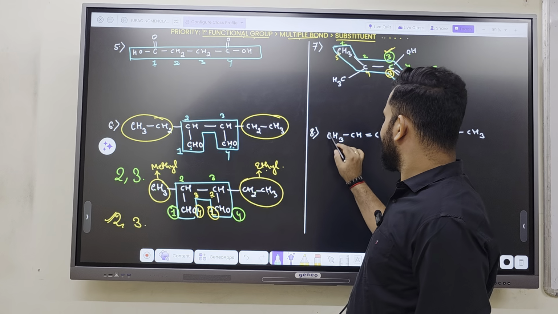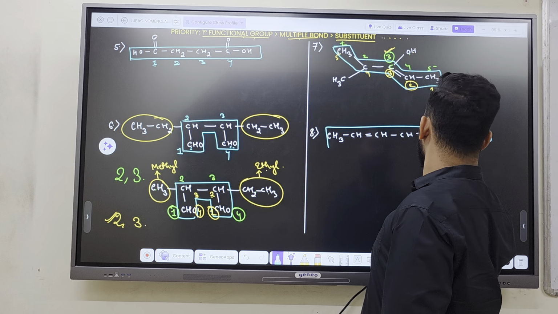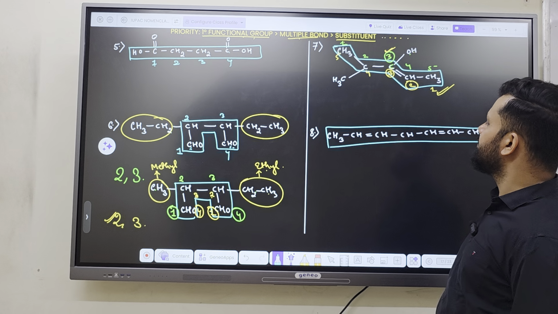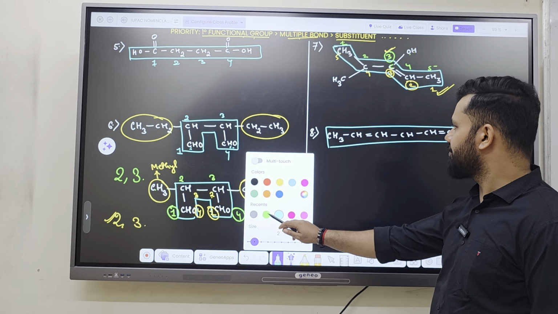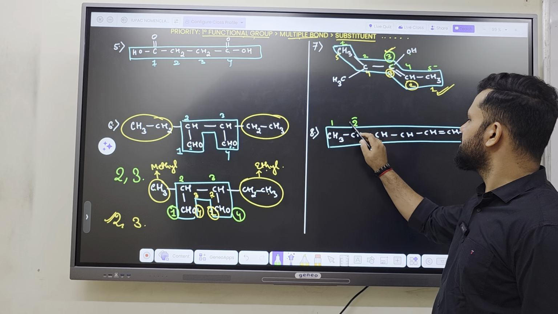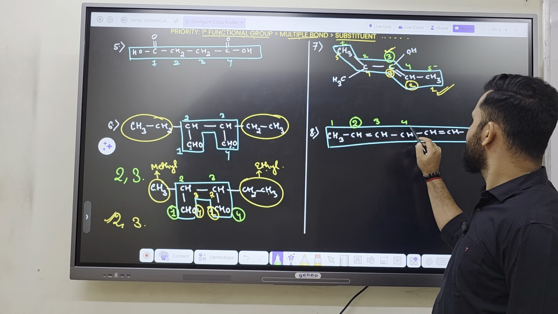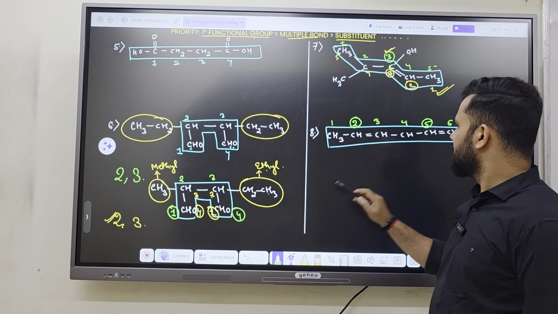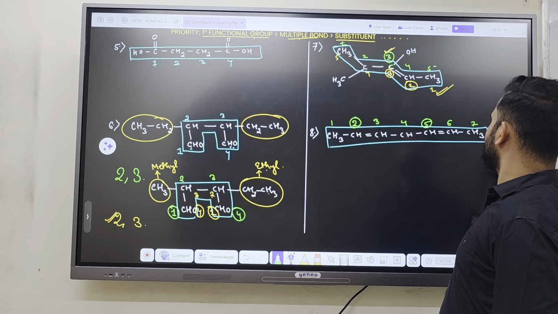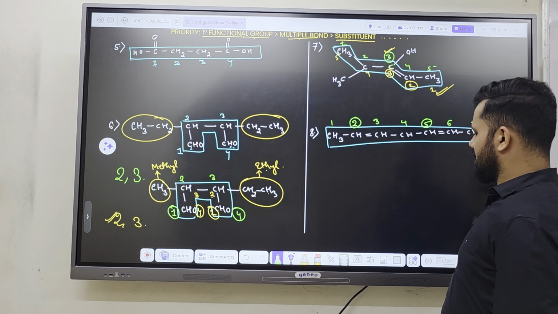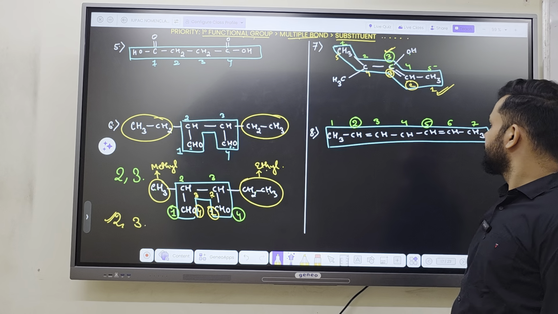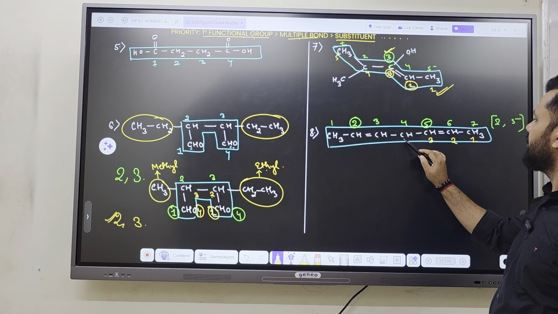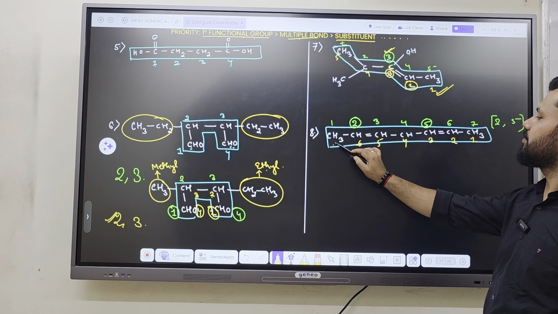You can try this yourself. This is quite simple. There is no functional group, sir. Therefore, I must check multiple bonds. Sir, if I go from left to right, at the second position there is a double bond. At the fifth position there is a double bond. If I go in the opposite direction, 1, 2, 3, 4, 5, 6, 7.